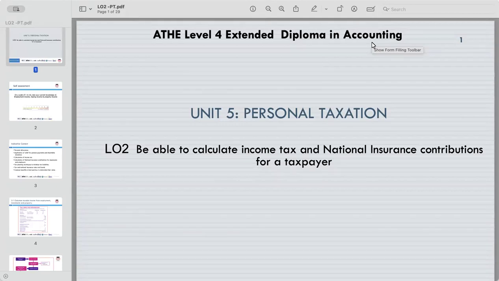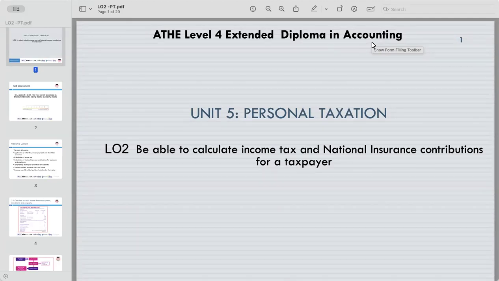Our lecture is about Unit 5 of IFA Personal Taxation. In this session, we will focus on learning outcome 2, which revolves around our ability to calculate income tax and national insurance contribution for taxpayers.